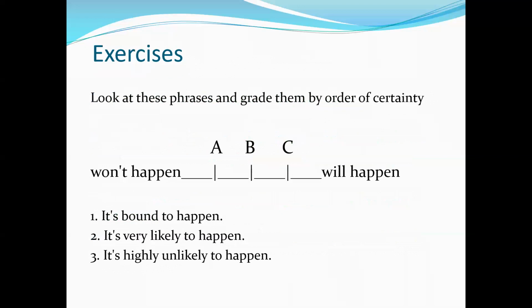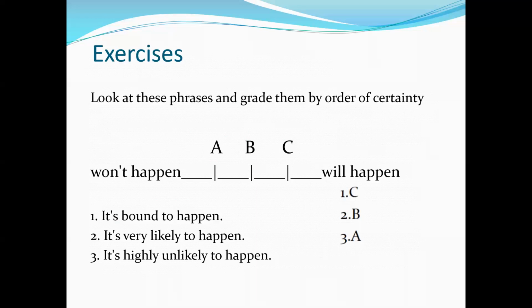The next exercise is: look at these phrases and grade them by order of certainty, from "won't happen" to "will happen." Let's check the answers.